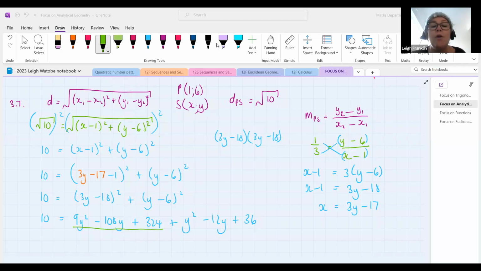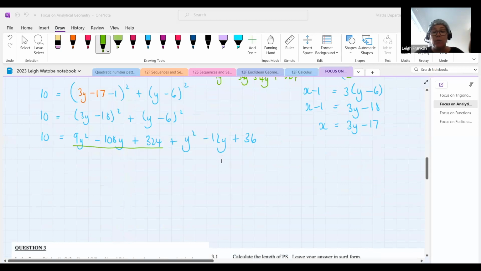Mesh, same story. 3y times 3y would be 9y squared. When I multiply 3y with minus 18, I would end up with minus 54y, and again minus 54y, plus 324. Okay, you see where it comes from now? Okay, cool.